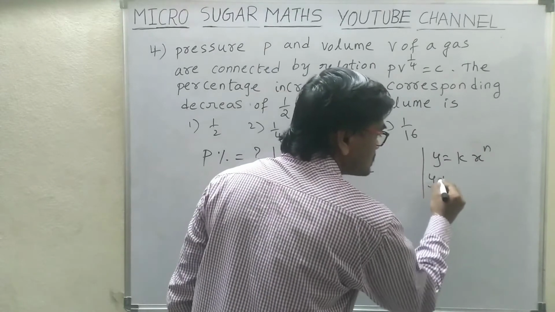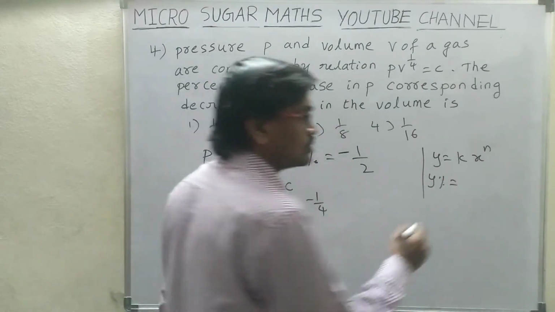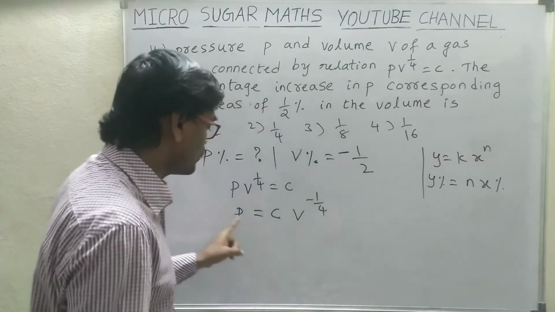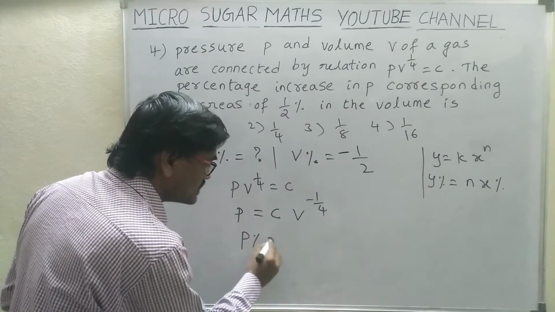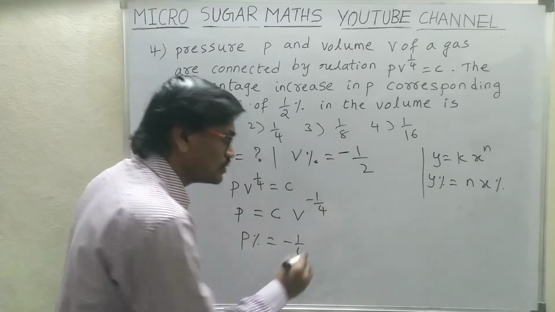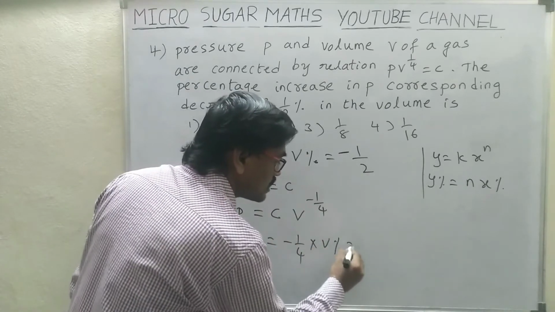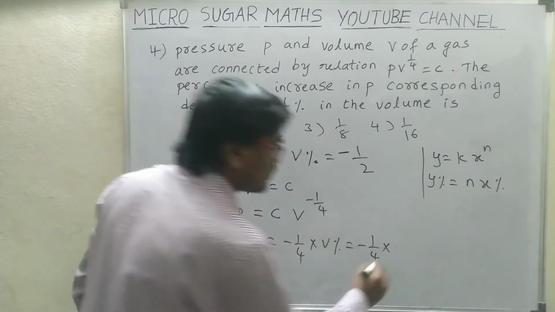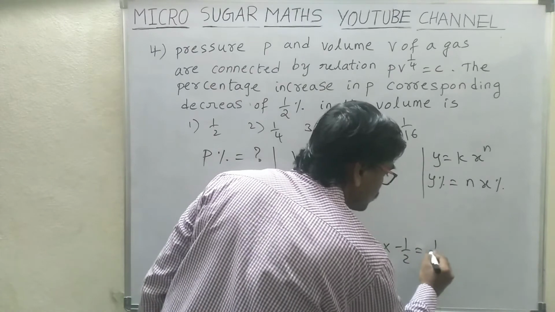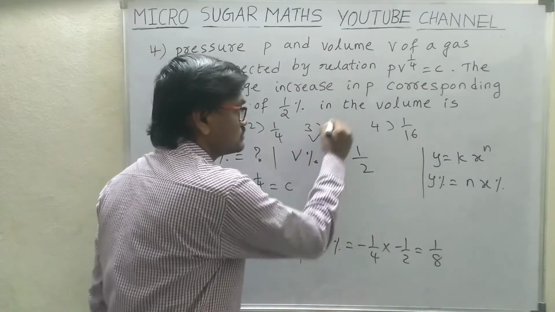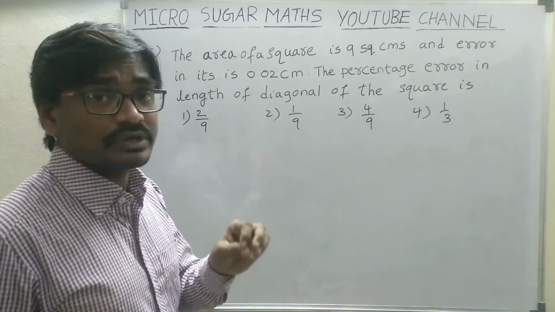Then our Y percentage is equal to n into x percentage. Therefore our P percentage is equal to minus 1 by 4 into V percentage. Now write down your V percentage, minus 1 by 2. Therefore you will get plus 1 by 8. Third option.